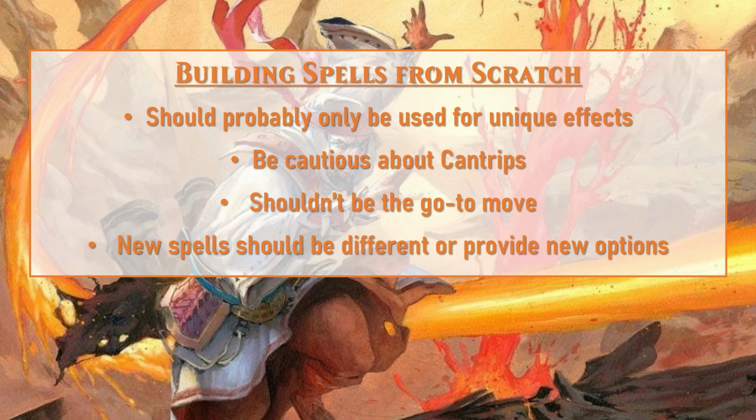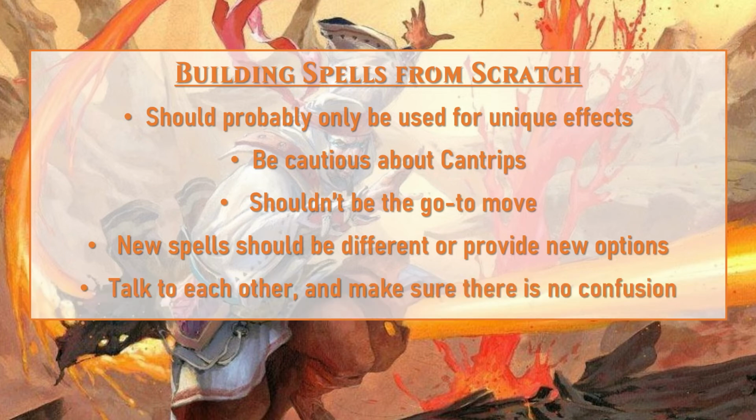The next bit of advice is kind of the go-to advice for almost everything when homebrewing or coming up with stuff, and that is make sure that there is a very clear conversation between the player and DM on how this spell works, exactly how the spell works, and make sure that that is all laid out and decided and agreed upon before it's used in play.